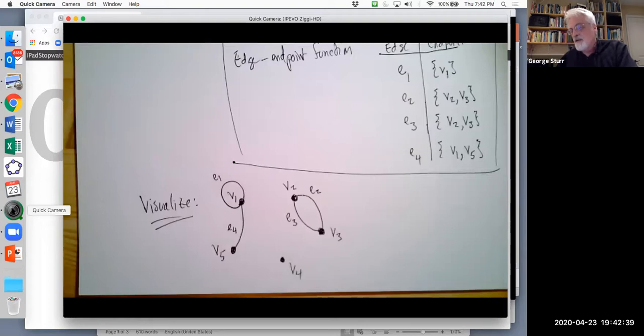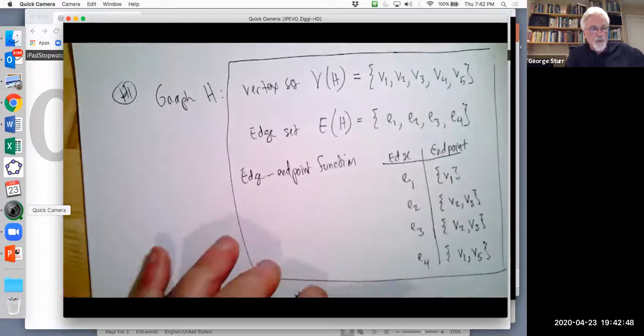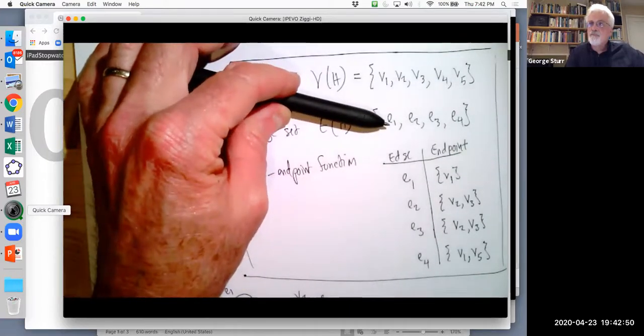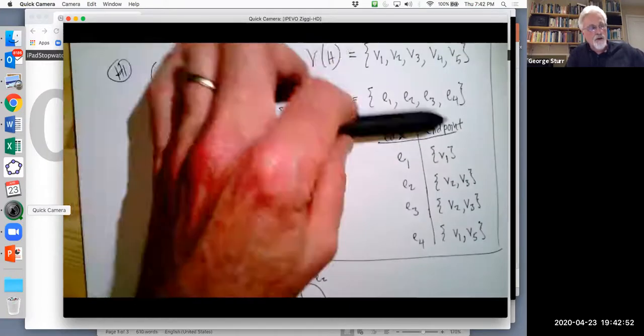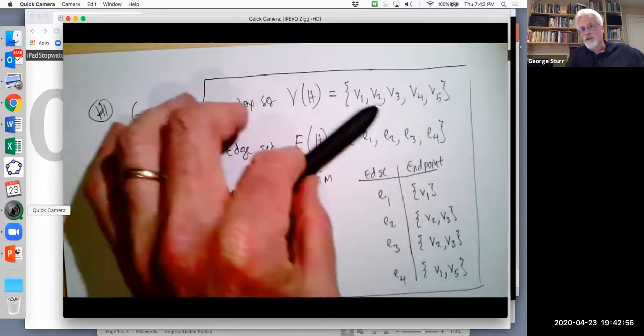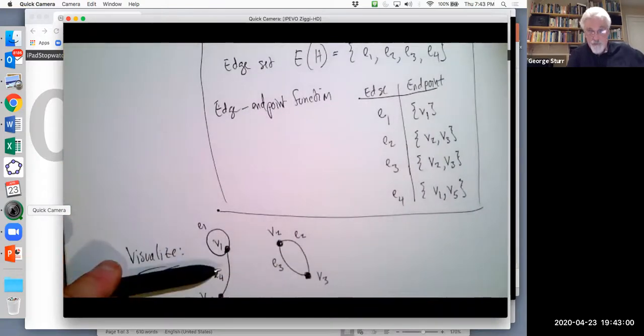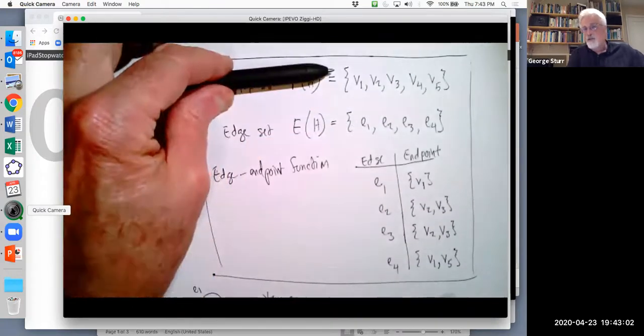Can you see that pretty clearly? You could take the graphical visualization here and work backwards to get this. If you needed to, you'd start here and create this. We are very rarely going to do this. This is just to give you the idea that underneath any visualization, there is the technical definition.